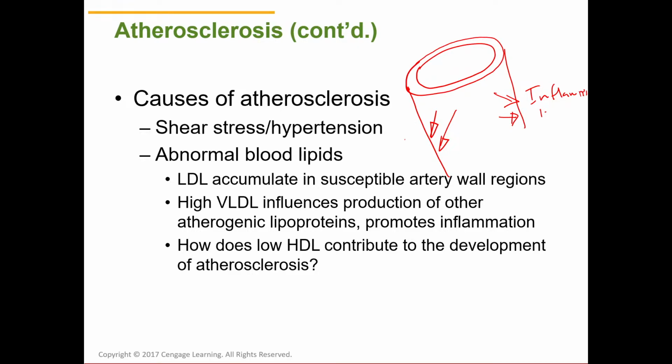But when HDL is very low in your blood, it becomes bad. So HDL normally removes LDL. It takes LDL to the liver where LDL is done away with.